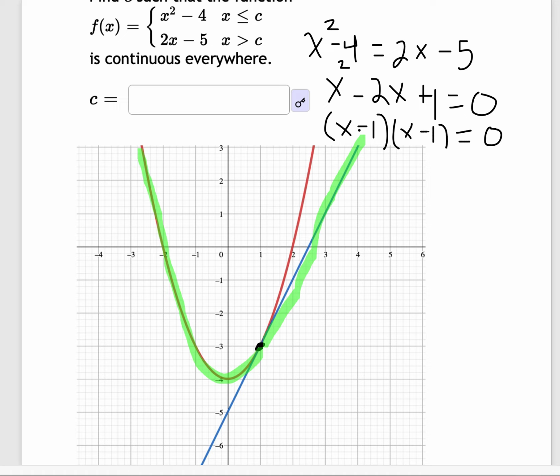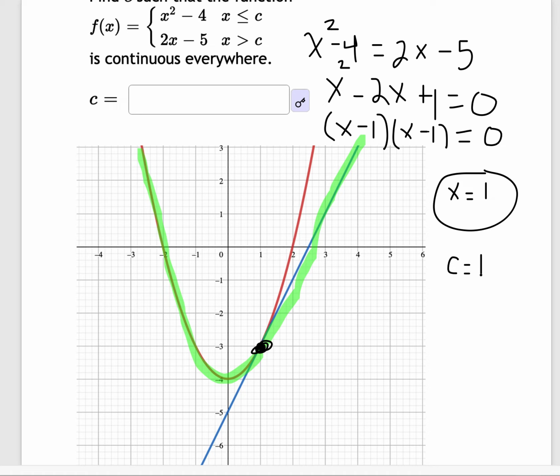So I can see the solution to this quadratic equation is x equals 1 with a multiplicity of 2. So we just verified that these two functions actually do intersect at 1, and it's not something like 1.05 or something really close to 1. We verified that it was 1 exactly, so our c would have to be 1.